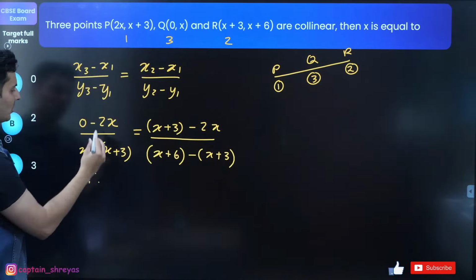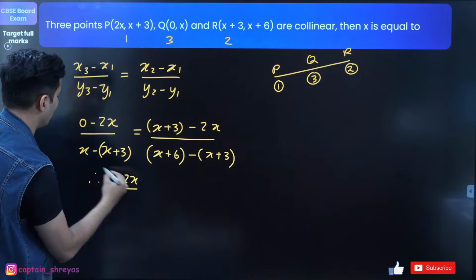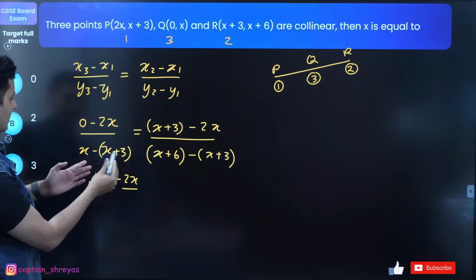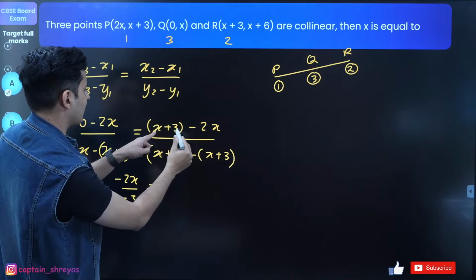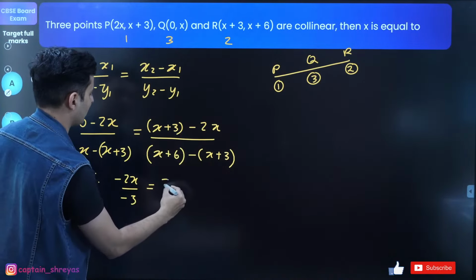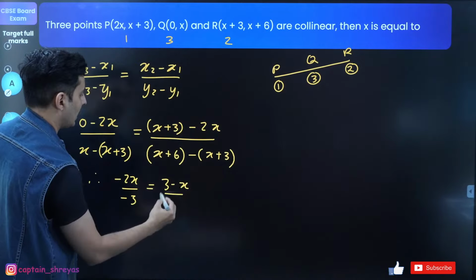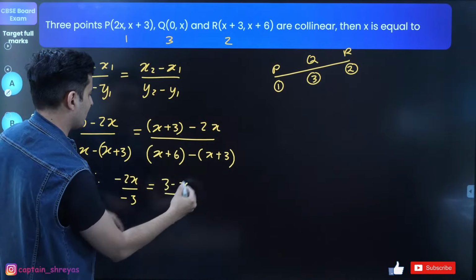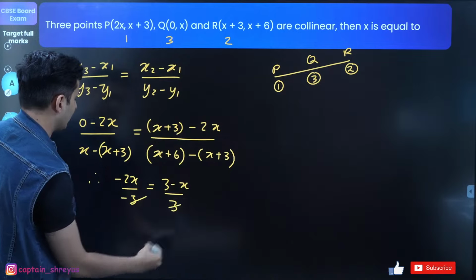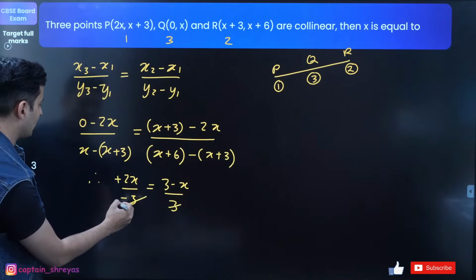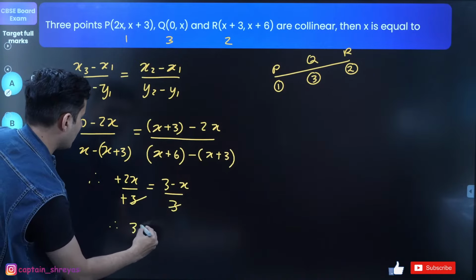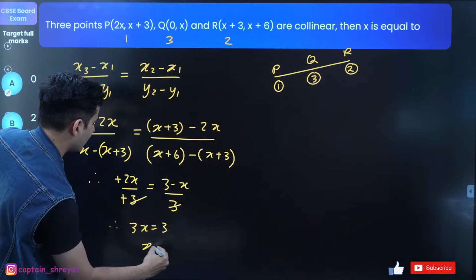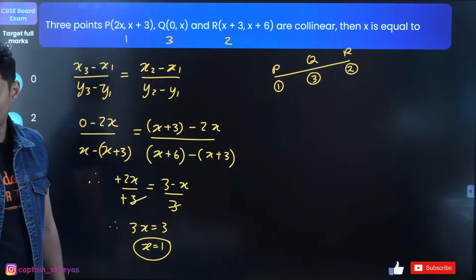Just solve it, you should get the answer. Minus 2x upon x minus x cancels, so you will have minus 3 over here. Here x minus 2x will become minus x, so 3 minus x over here, and here x gets cancelled, so 6 minus 3 is 3, and minus and minus also get cancelled. So 3x is equal to 3, x is equal to 1.